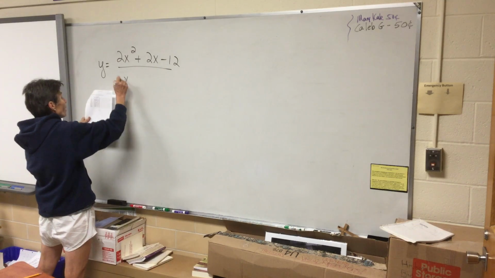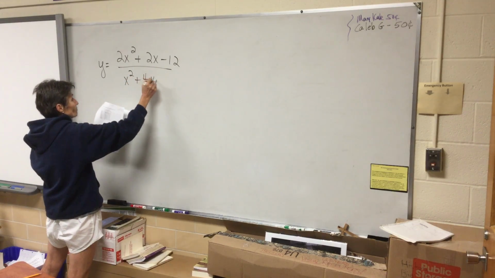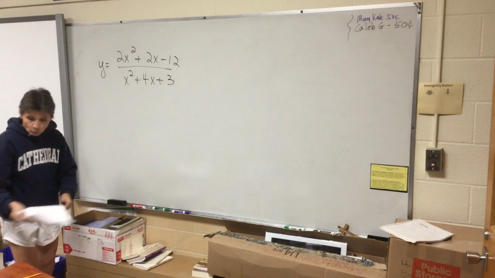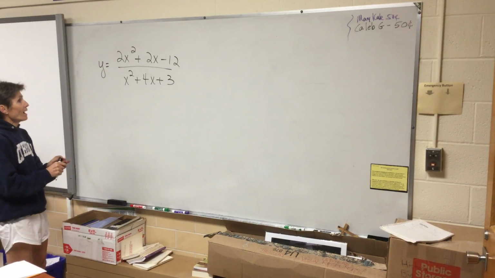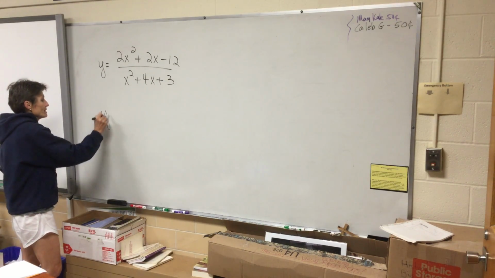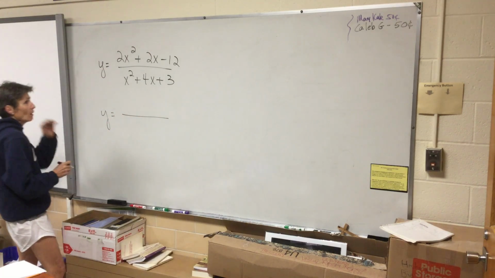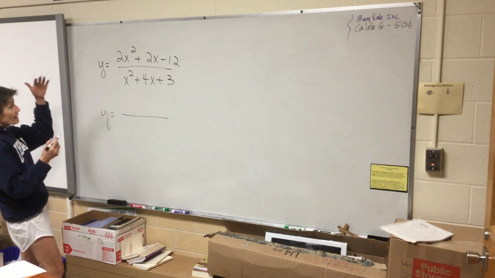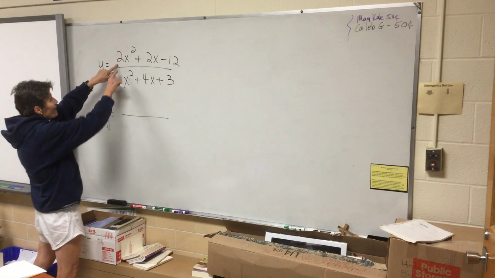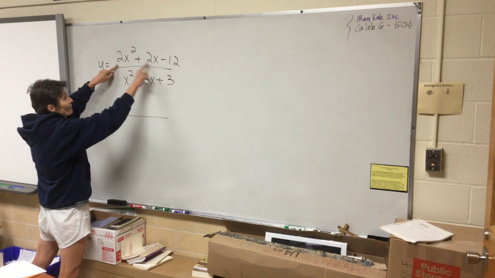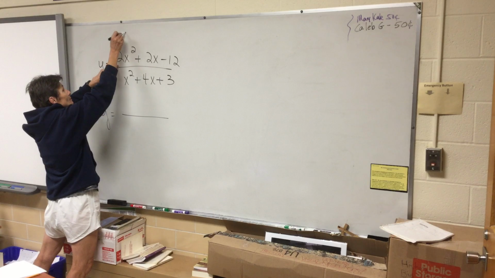So here's our problem. And we are going to begin by factoring everything. Now I do notice that as it happens sometimes, I can take a 2 out of everything in the top.